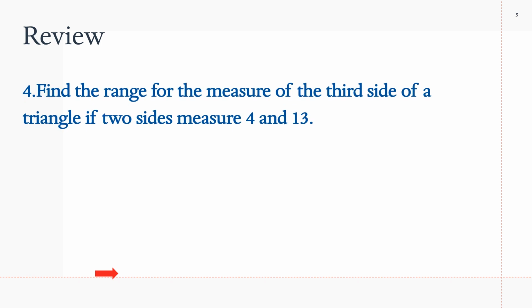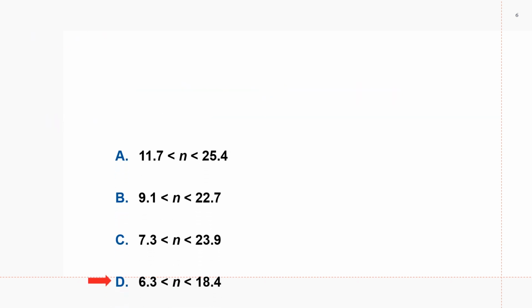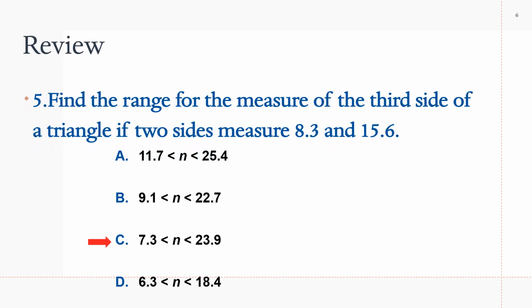Find the range for the measure of the third side of a triangle if two sides measure 4 and 13. So it's 9 is less than n and n is less than 17. Next, find the range of the measure of the third side of a triangle if two sides measure 8.3 and 15.6.